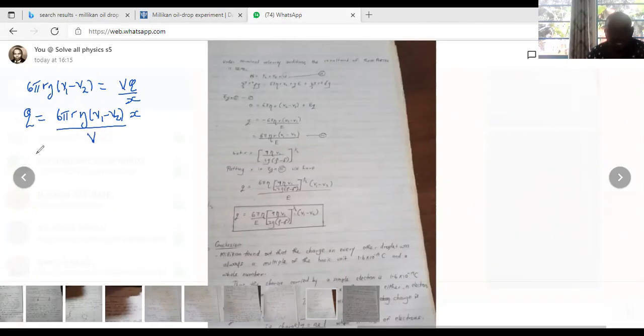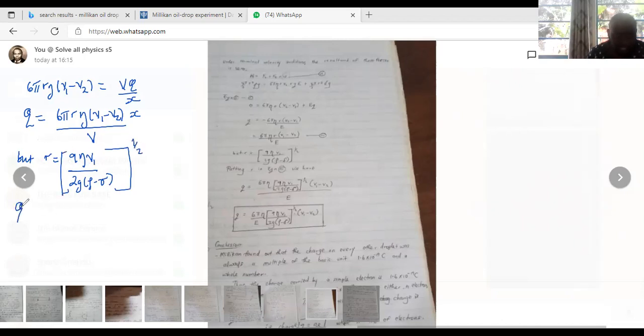But remember, we had already derived what r is, whereby r was 9 eta V1 divided by 2g open brackets rho minus sigma, and all this was raised to power half.